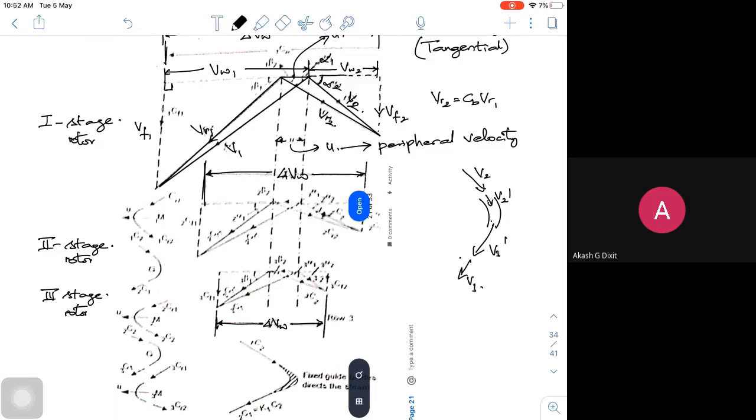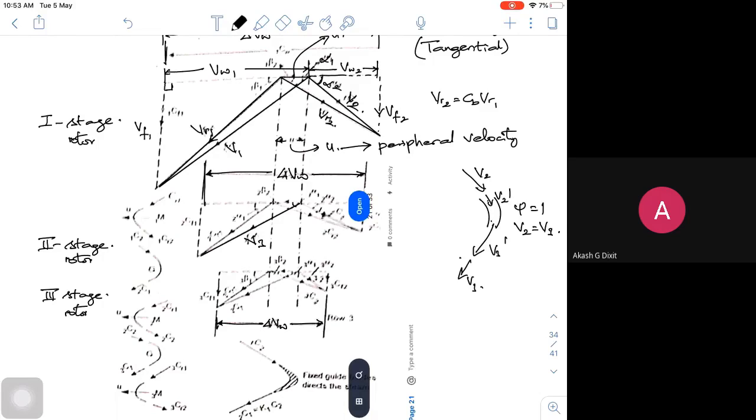So it enters at that particular velocity, V3. So if I try to draw the velocity triangle here, if the carryover coefficient psi is equal to 1, then V2 will be equal to V3. Or it will be lower, 0.95 times of it, or 0.95 into 0.95, whatever, depending upon the problem.